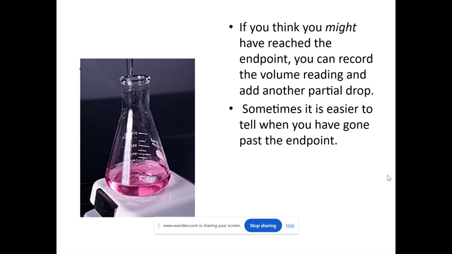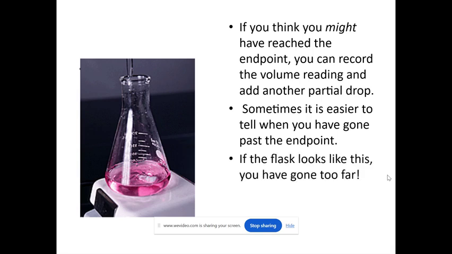Because really you were at neutral right before that last drop. So if the flask looks like this, you've gone too far, but just barely. So take some volume points as you're getting close. And if you feel like, oh, I went a little bit too far, use not the volume you're at right then, but the one you took just before that.